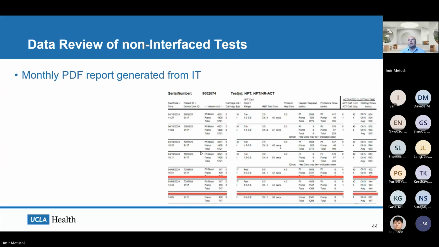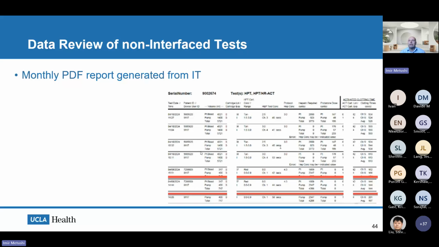So we have tried to do what we can with some of those tests that are not interfaced, with kind of a hybrid approach, working with IT to get results pulled from flow sheets. The team enters the results in Epic into an area called the flow sheet, rather than just in the clinical notes.